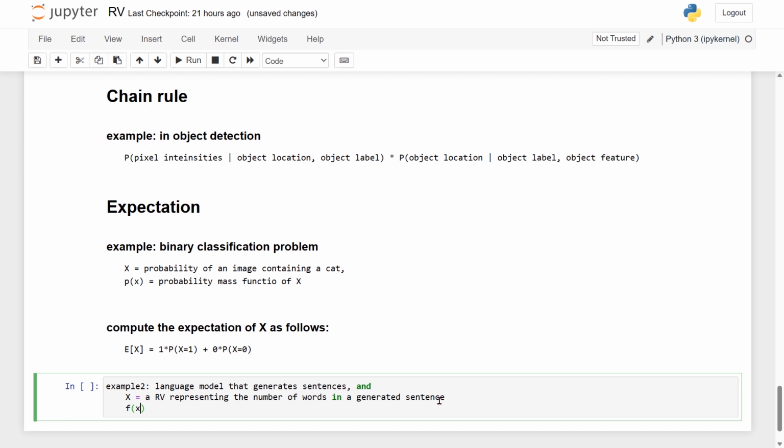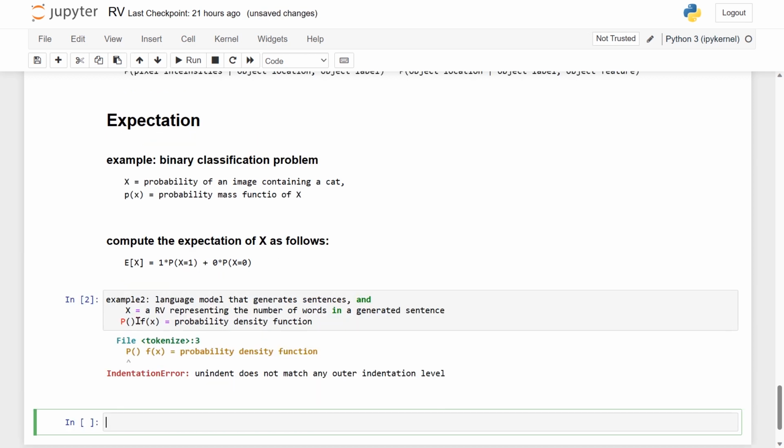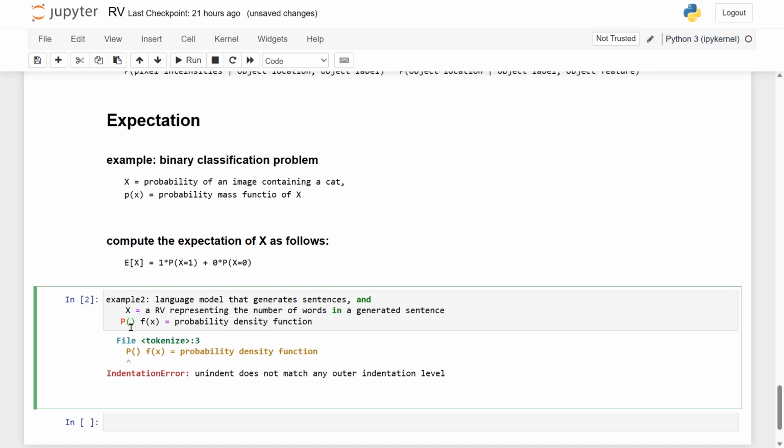And f of x is the probability density function. Obviously, it's a continuous random variable. So f of x will become the probability density function. You can also show it as p of x, where x is equal to small x.